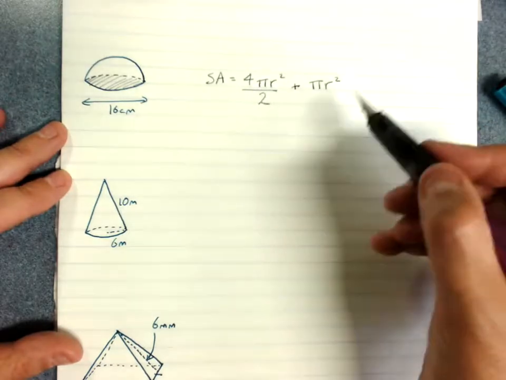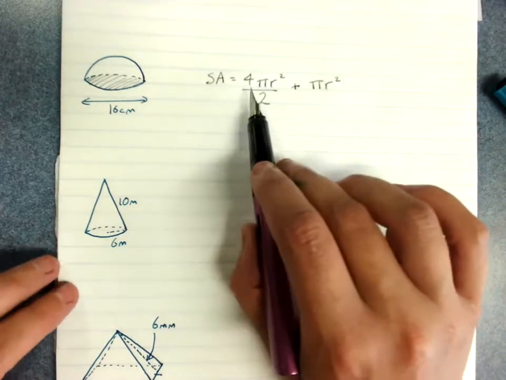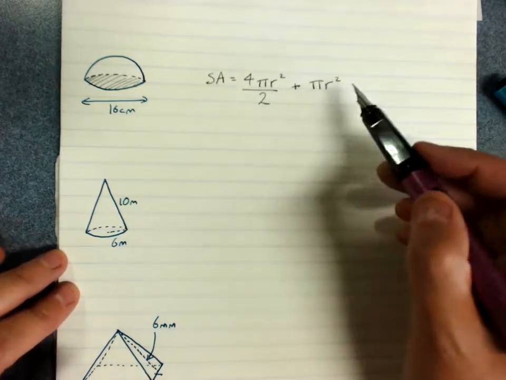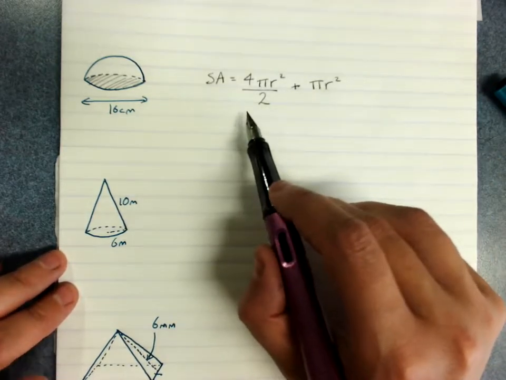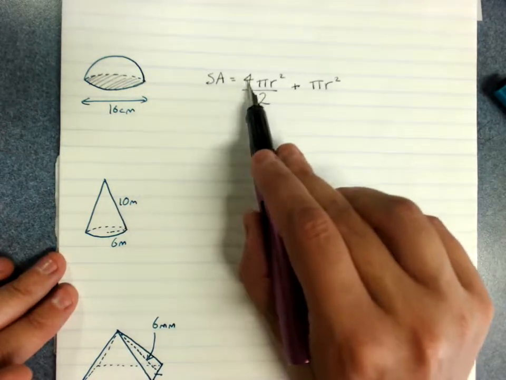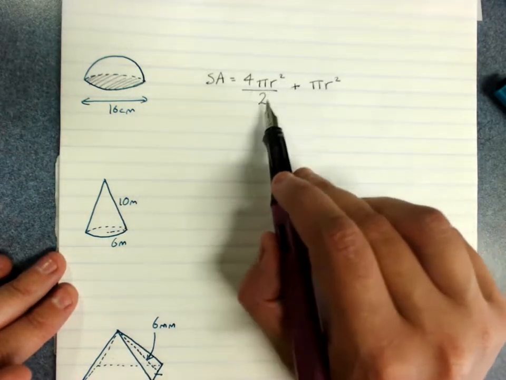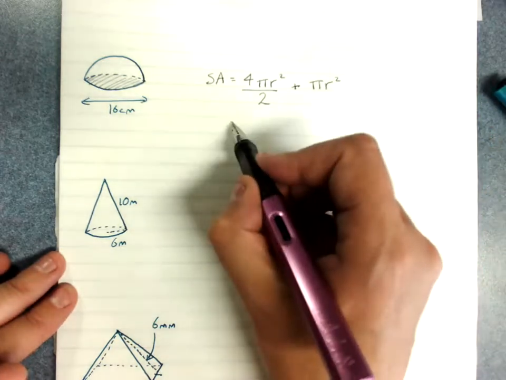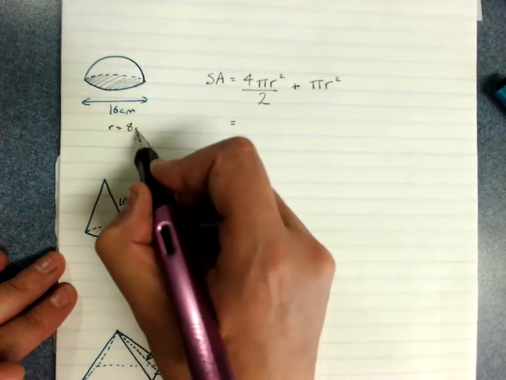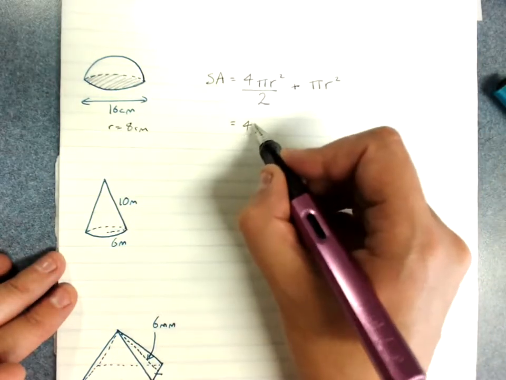Now, if you want to be really clever with this, you can see that this is 2 pi r squared plus pi r squared, so it's going to be 3 lots of pi r squared. If you prefer, however, just to work that out, 4 pi r squared divided by 2 plus pi r squared, that's fine as well. Remember, our radius is half the diameter, so that's 8 centimeters.